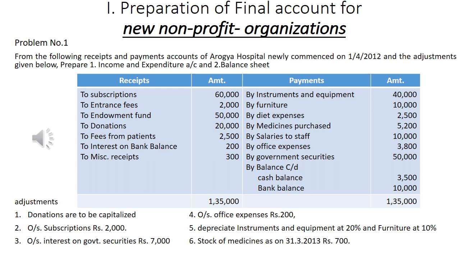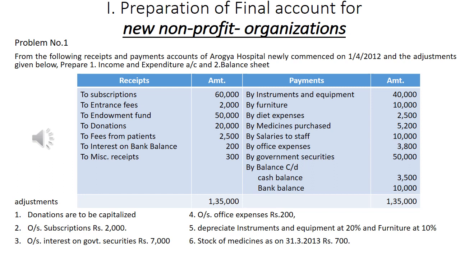Diet expenses, this is regular in nature, so expenditure side, or debit side of the income and expenditure account, we have to write. Then medicines purchased. As it is a hospital, it is regular in nature. Debit side of the income and expenditure account we have to show.